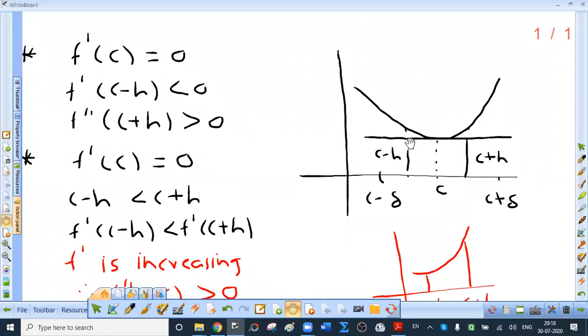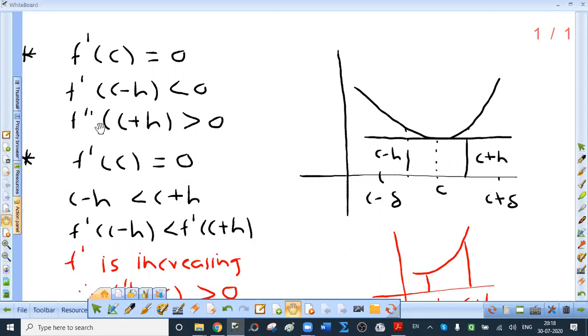Now observe that c minus h lies on the graph which is decreasing, and c plus h lies on the increasing graph, right? Now, for a decreasing function, the first derivative is less than 0, and that is why I have written f dash of c minus h less than 0. But c plus h lies on this part of the graph, the increasing function. So the first derivative at c plus h is what?